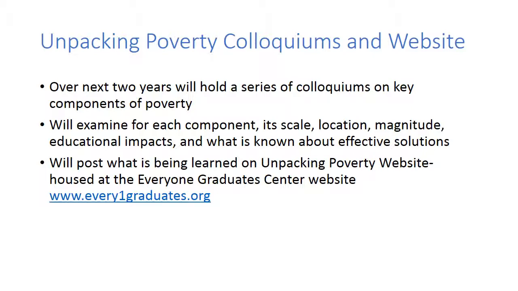And you'll be able to find these colloquiums on the web at the Everyone Graduates Center's website, and we'll also be building related information around that, including interviews with key people in the field, links to the relevant and key articles or the relevant and key advocacy work going on in this area, and also links and short synopses of what you can do in your school or in your district to tackle these components of poverty.